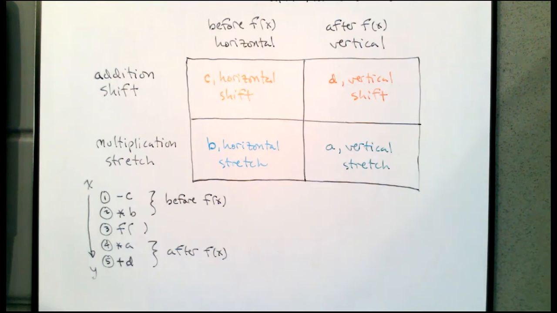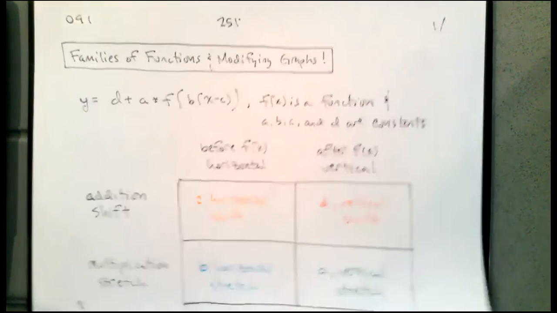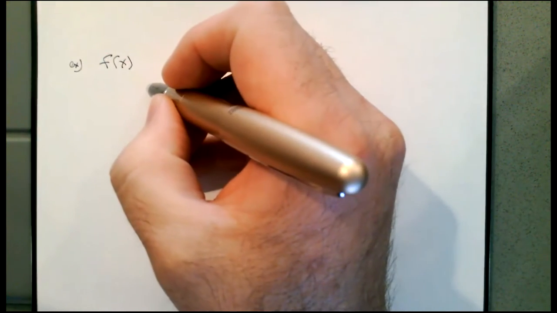Let's build a graph and then think about what some modifications to that graph would look like. I just want a graph with some easy to find points on it. Let's look at the graph of f of x.